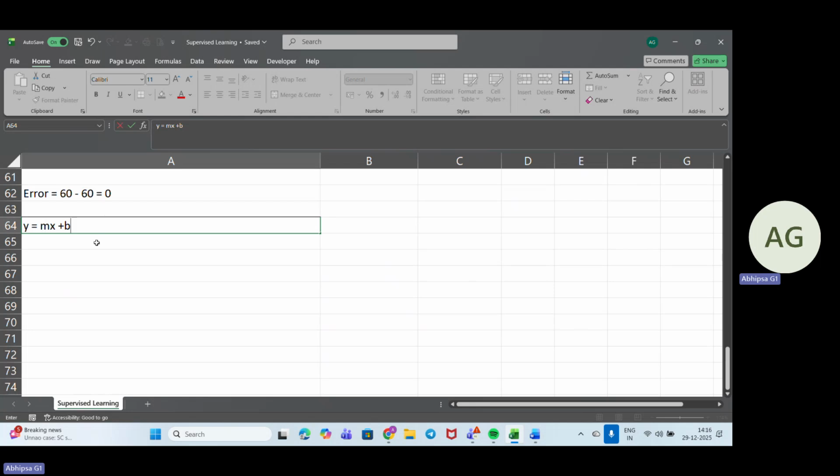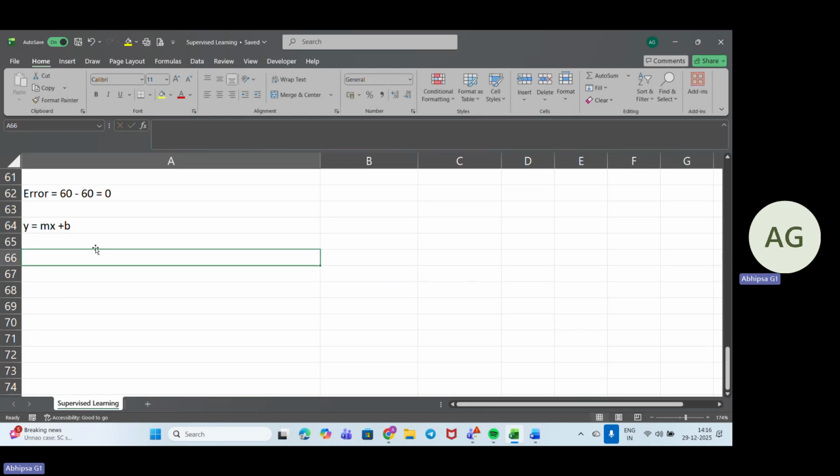But in case of multiple linear regression, the formula would be y equals b plus m1 x1 plus m2 x2 plus m3 x3. Like this it will keep going.